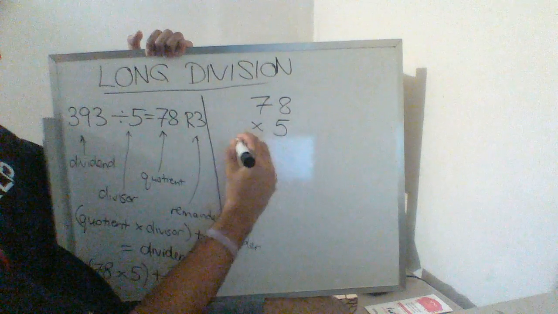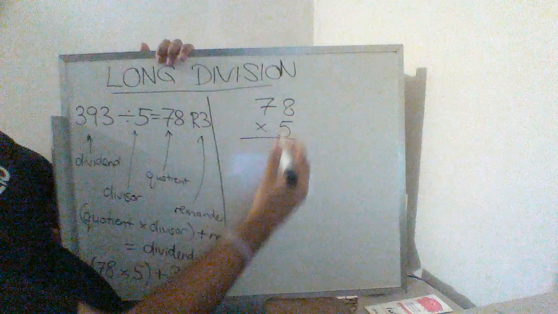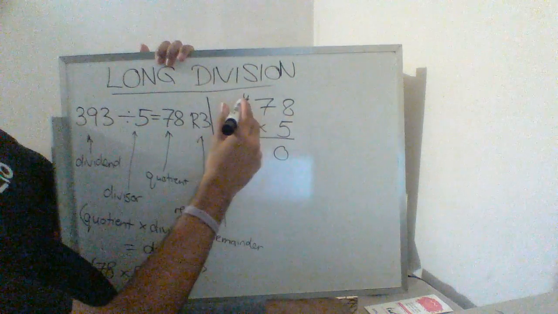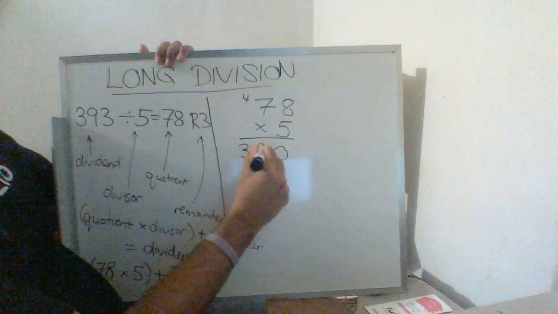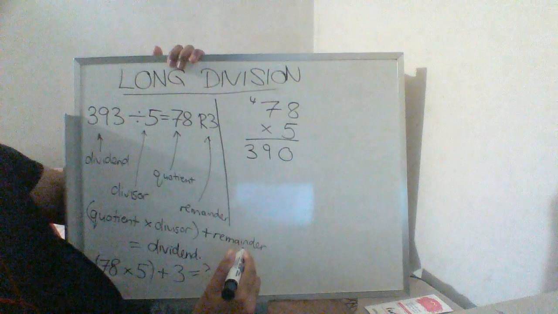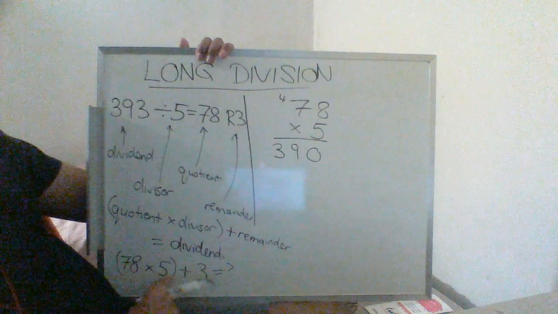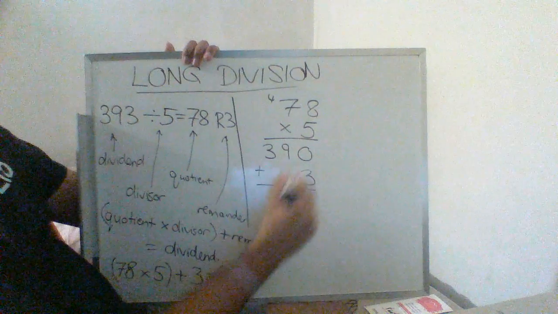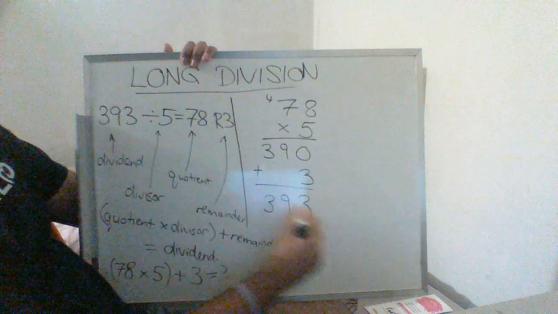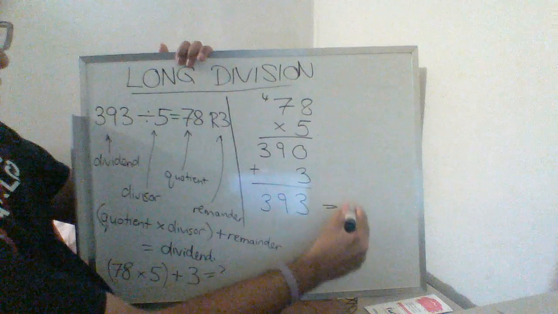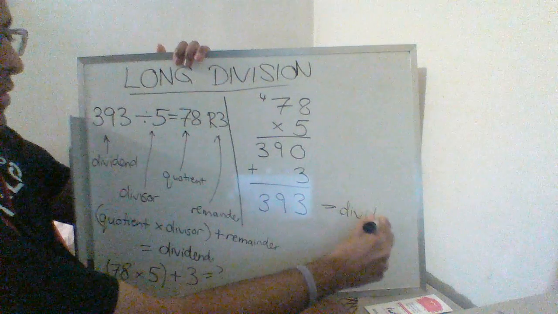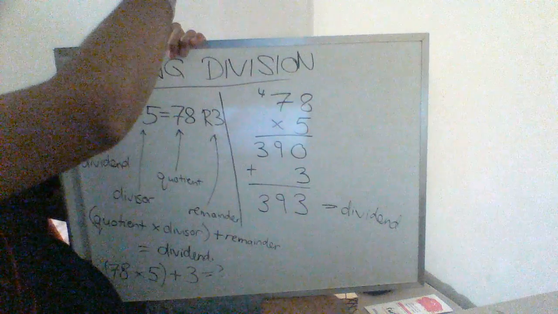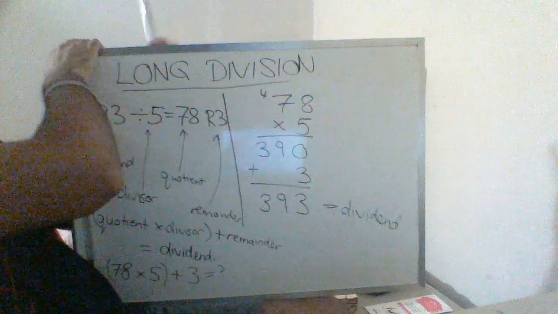You guys are all experts in multiplication now, so we do 5 times 8 is 40, carry the 4, 5 times 7 is 35, plus 4 is 39, so that's 390, and then we want to add our remainder to 390, so we do 390 plus 3, that's going to give us 393, which is our dividend. So that's how you can check your final answer if you have a remainder and you don't feel like doing the decimal way.